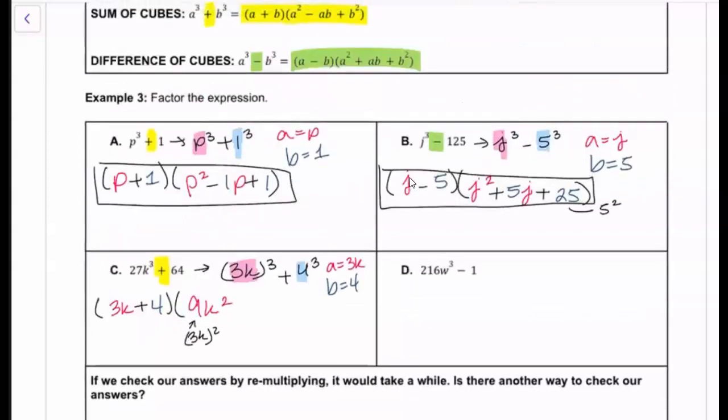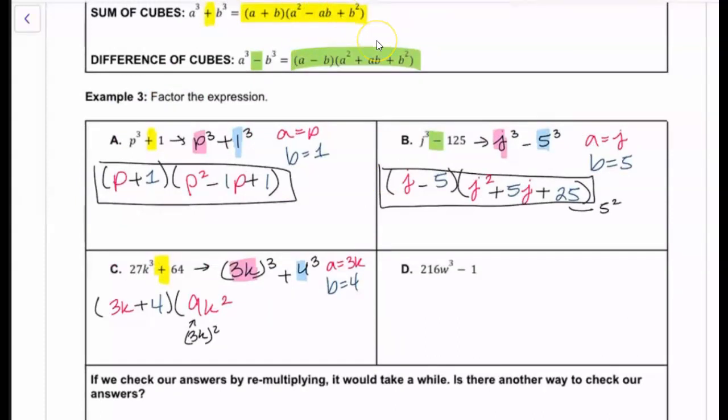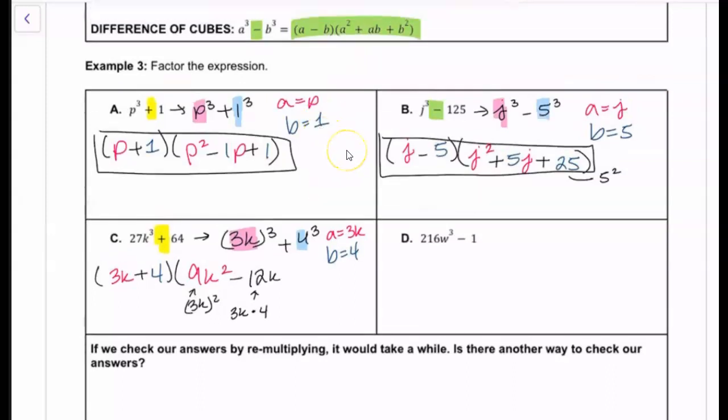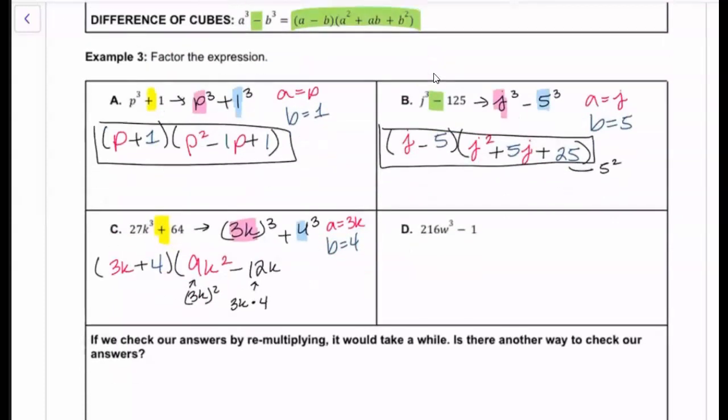Because remember, it asks for A squared minus AB. So minus A times B, which is going to give you 12k. So this came from 3k times 4. And then finally, plus B squared, which my B is 4, so this time 4 squared is 16. And this came from 4 squared. And this here is my answer.